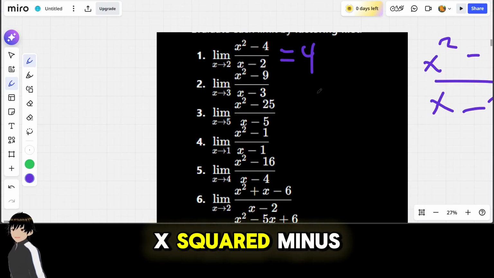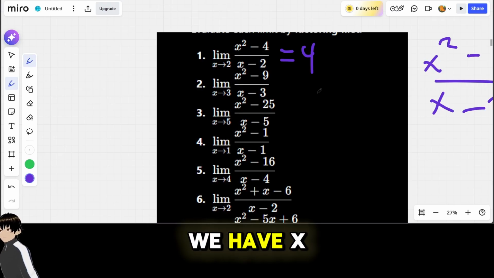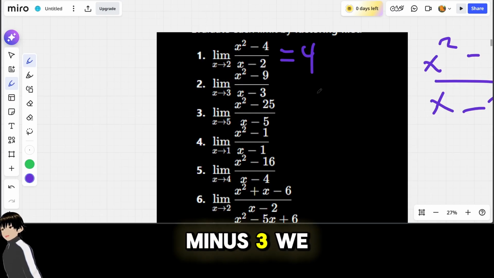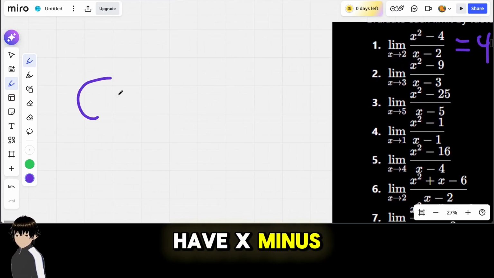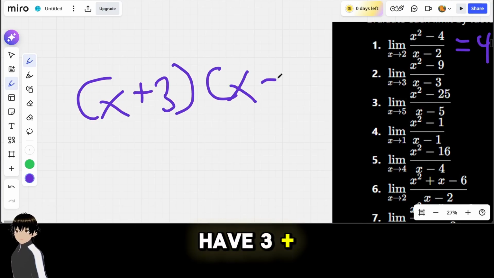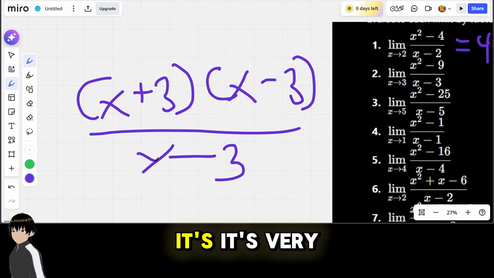So you have x squared minus 9. We have to factor that. So you have x plus 3, x minus 3 over x minus 3. We have x minus 3 here. Cancel. You have 3 plus 3, it's going to be 6. It's very simple.